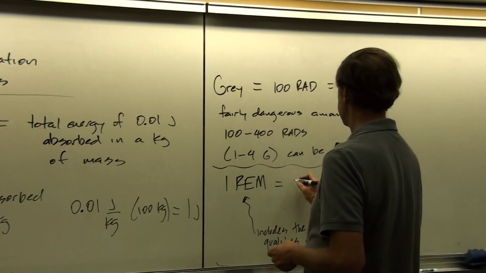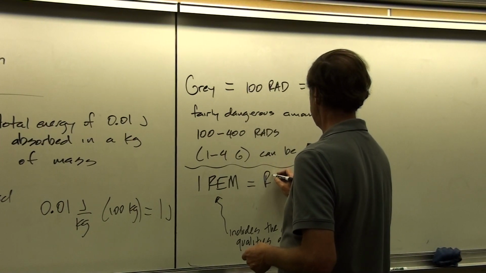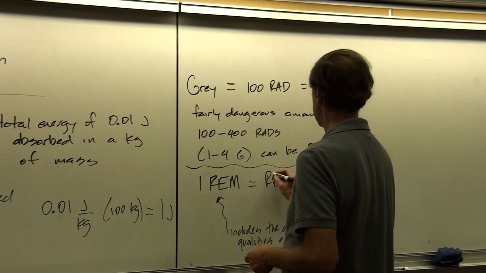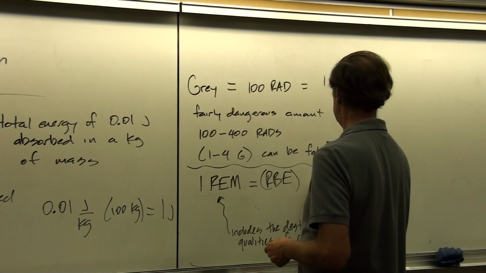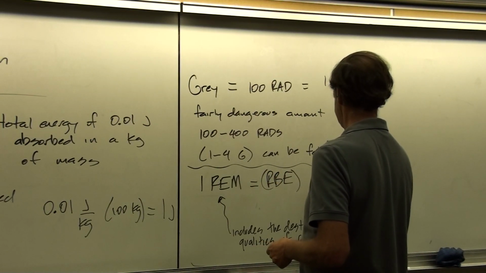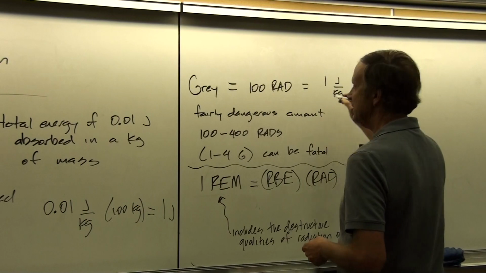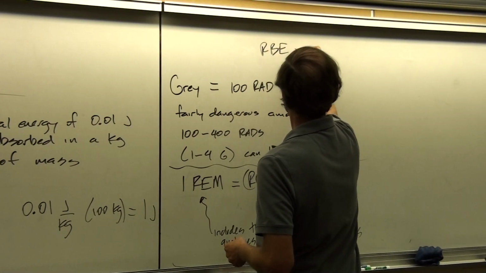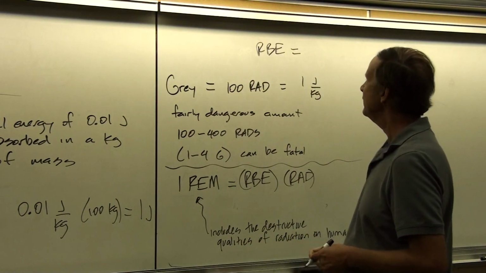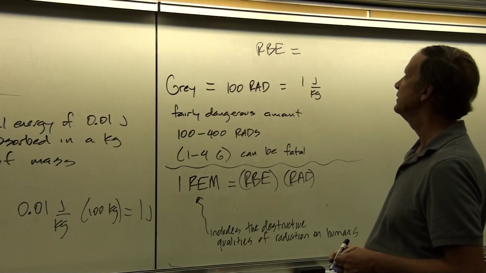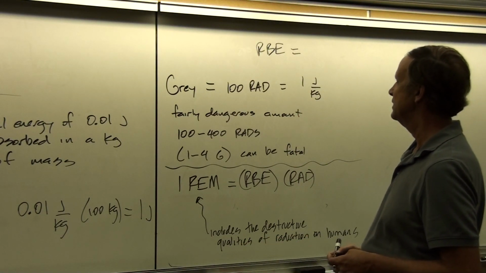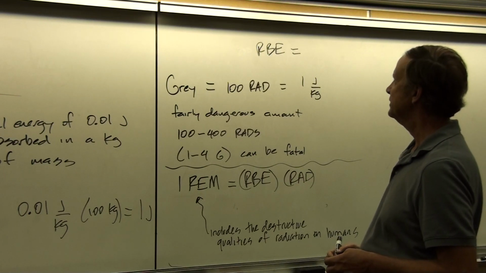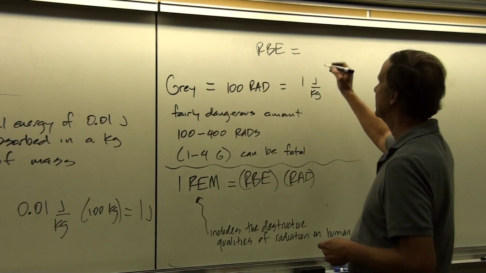And so REM is equal to your relative biological equivalent times your rad number, where RBE is the relative biological equivalent, and this gives you the destructive influence of a particular type of radiation.